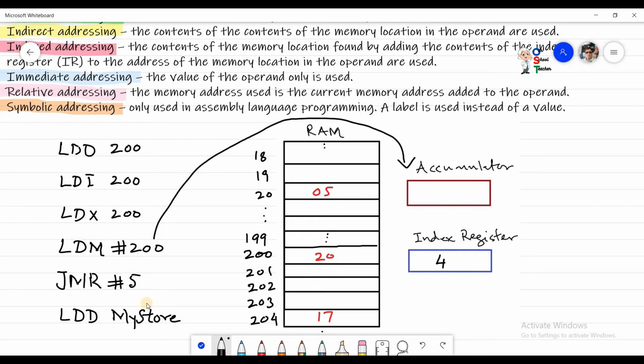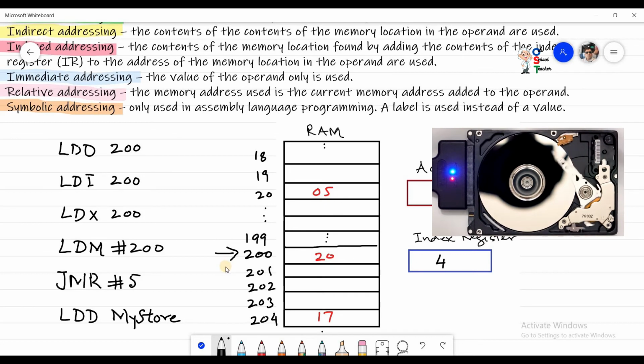After this, the next is JMP R. So whatever the current location is in the program, now because we are not discussing the whole program, for example, we suppose that the current location is 199 and we have to add 5.